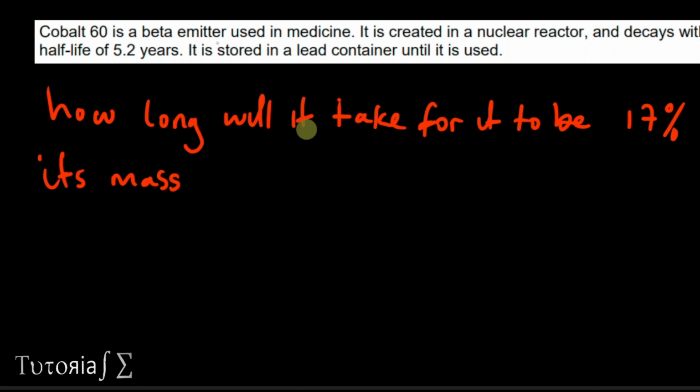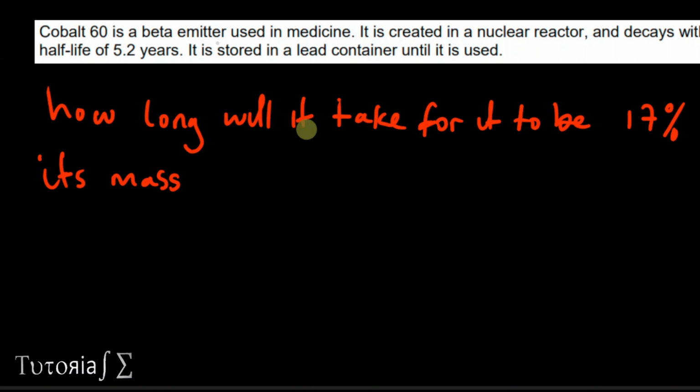It is created in a nuclear reactor and decays with a half-life of 5.2 years. It is stored in a lead container until it is used. Then down there is a question in red: how long will it take for it to be 17% of its mass?